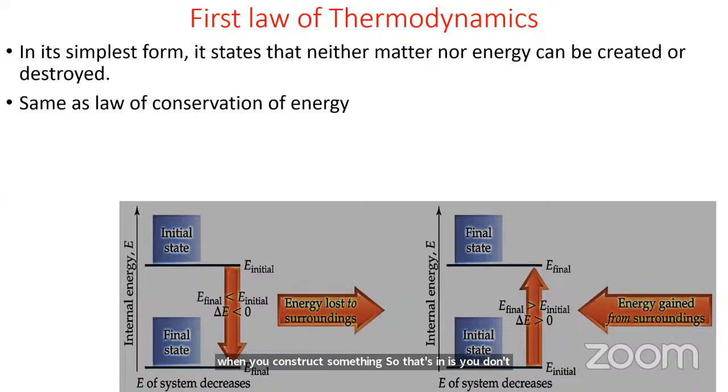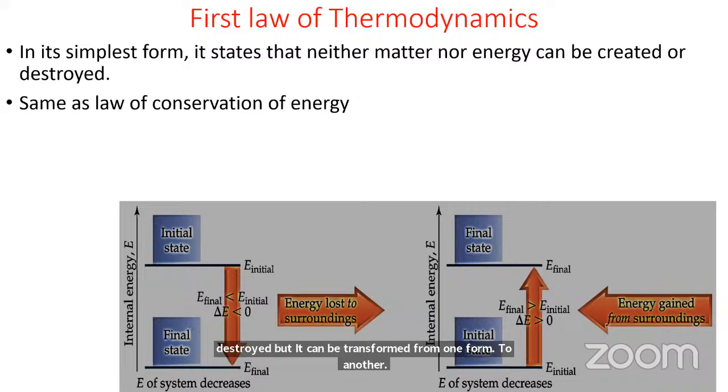So that is the first law of thermodynamics. You can say the first law of thermodynamics, or the law of conservation of energy, states that energy can neither be created nor destroyed, but it can be transformed from one form to another. What is the reason? The reason is that energy can exist in different forms.